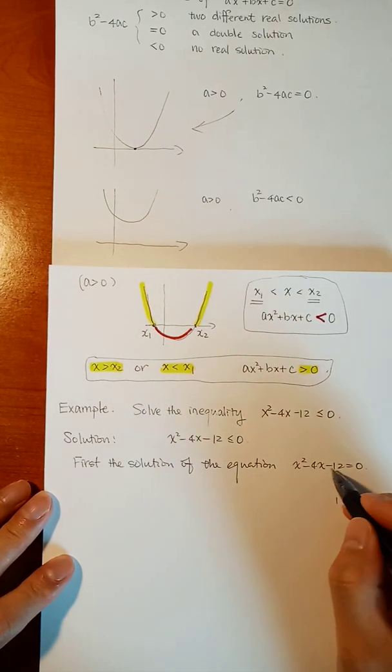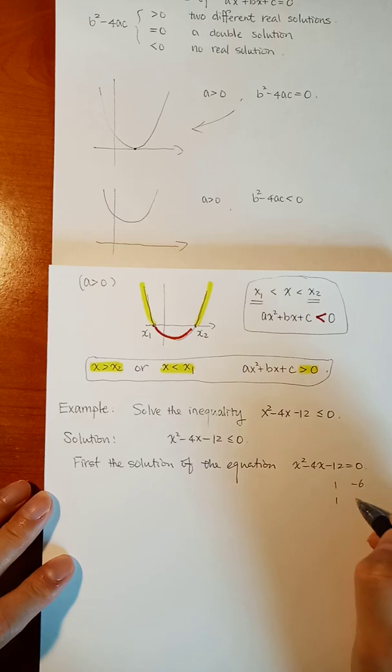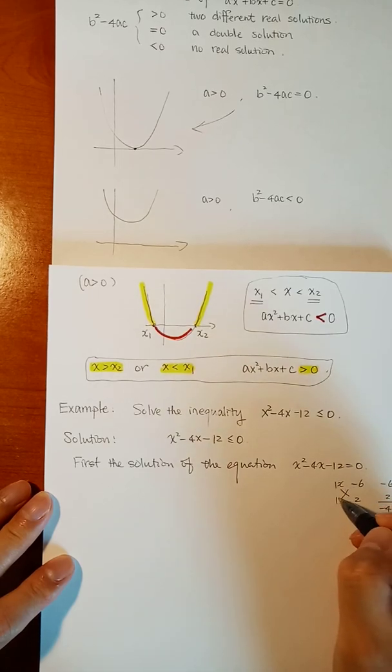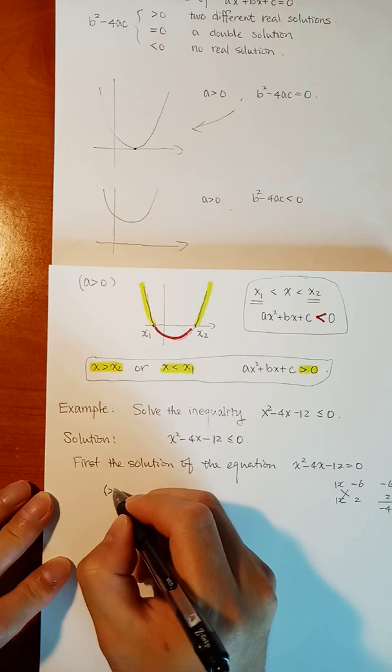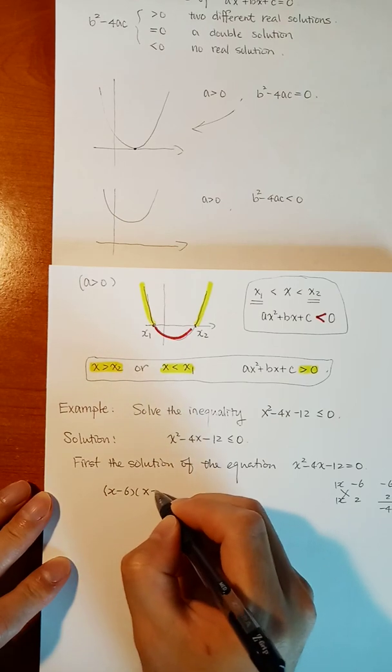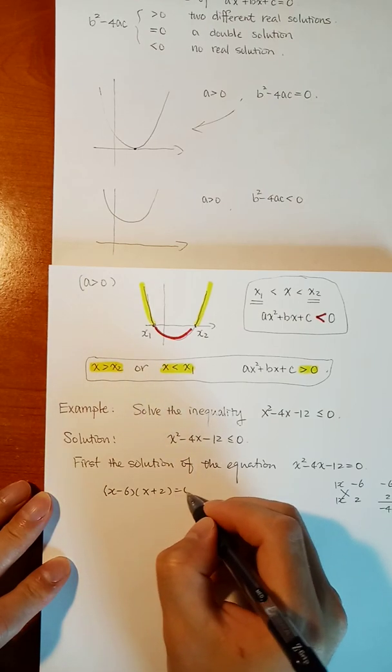So 1, 1 here, we will get a negative 6 and a 2. Negative 6 times 2 is negative 12, and you do cross multiplication. The sum is negative 4, and then you put x here, so that it can be factored as x minus 6, x plus 2 equal to 0.